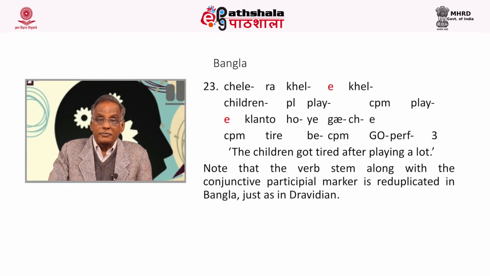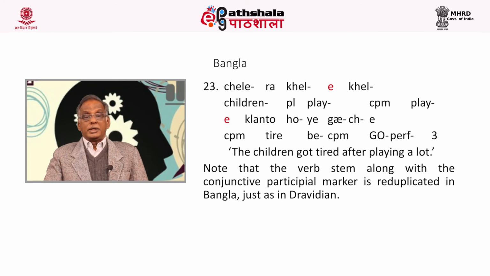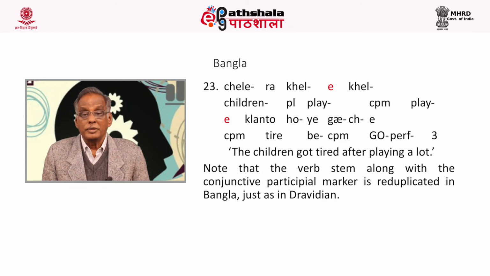This is a pan-Indian feature. It applies to Dravidian also. I give you an example from Dravidian, Telugu. Pillalu aadi aadi alisipoyaru. Pillalu, children. Aad is the verb to play. Aadi, having played. That i is the conjunctive participle marker, and it's a bound form.